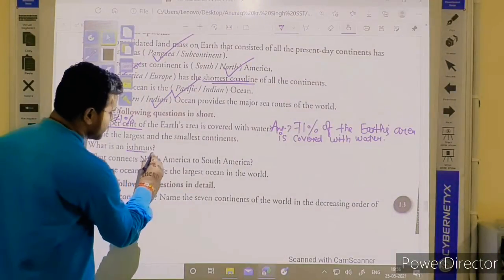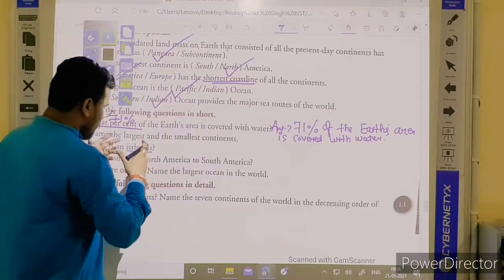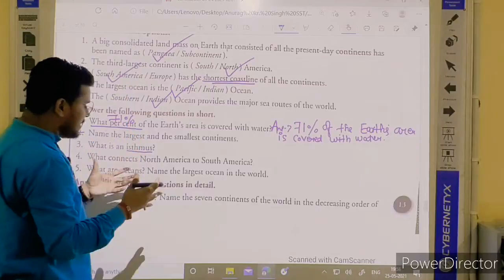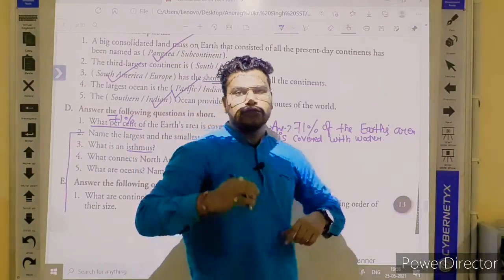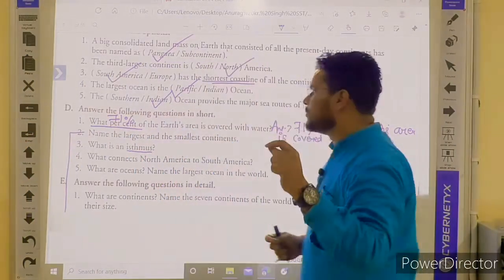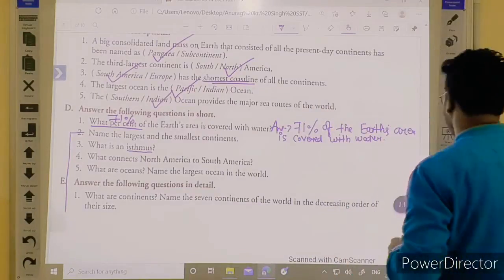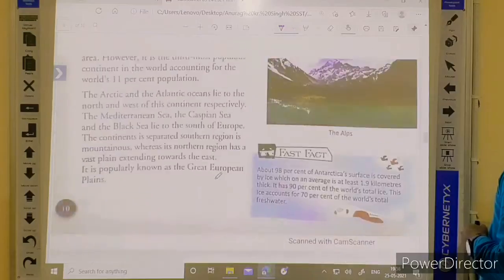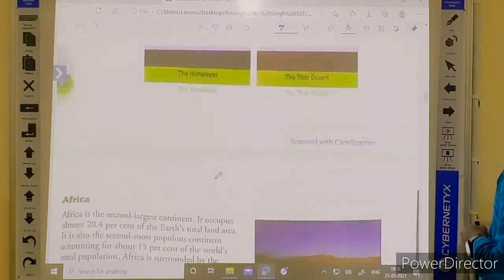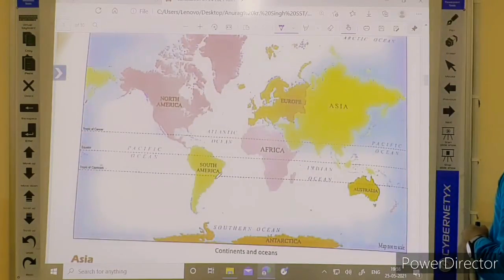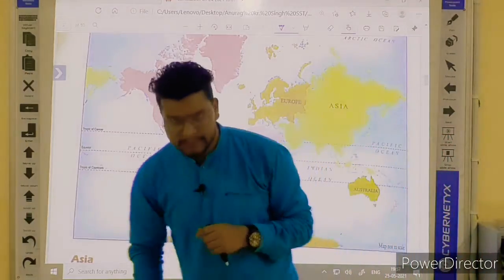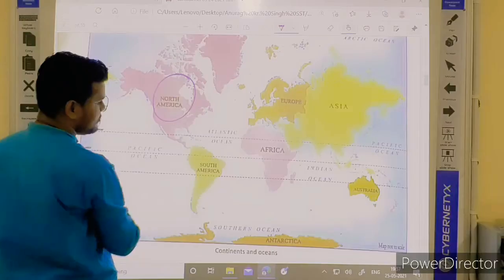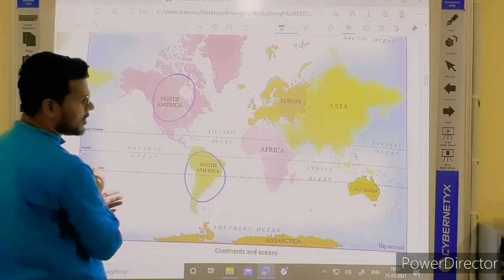What is isthmus? Before writing the answer, let us understand what an isthmus is. I am going to show you one image. See here, this is North America and this is South America.